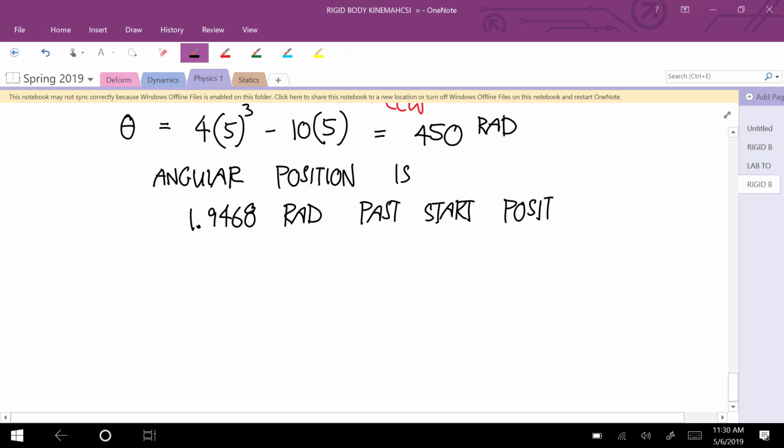And so let's figure out what that is in degrees. I can just picture that better. So multiply that by 180 and divide by pi. 111.55 degrees.